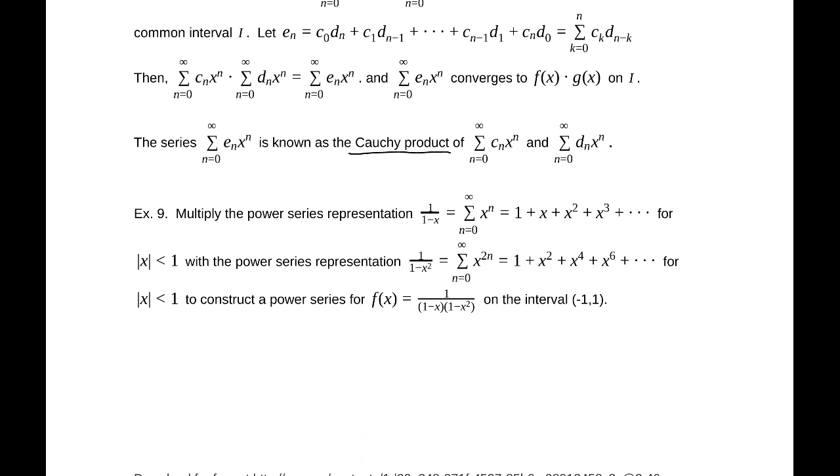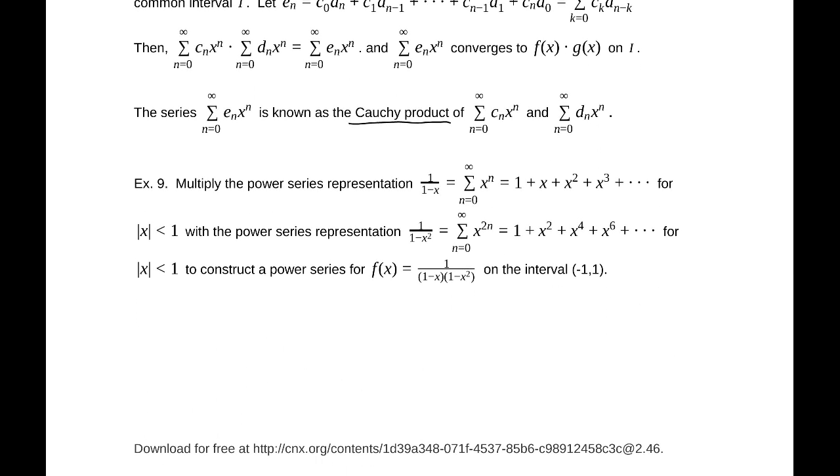We're going to multiply them term by term. So in this example we're multiplying 1 over 1 minus x times 1 over 1 minus x squared to come up with the power series for 1 over 1 minus x times 1 minus x squared on the interval -1 to 1.